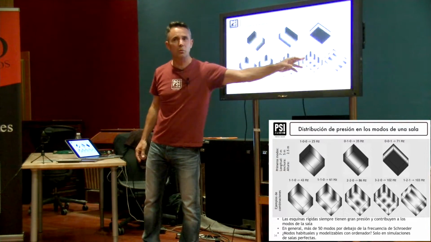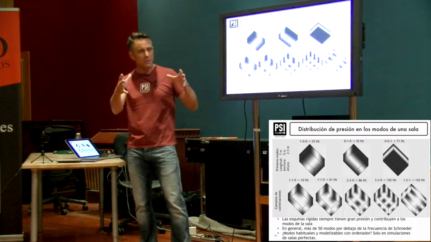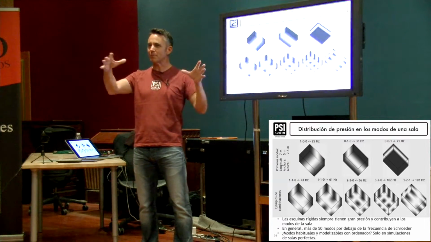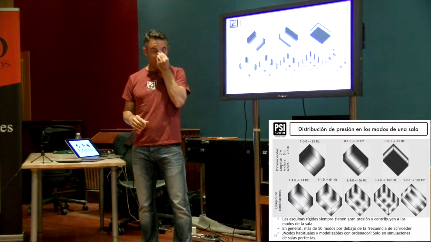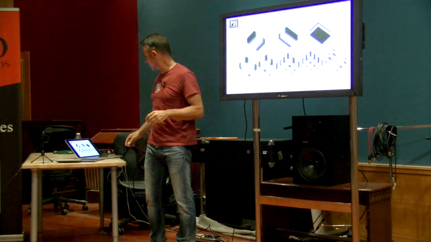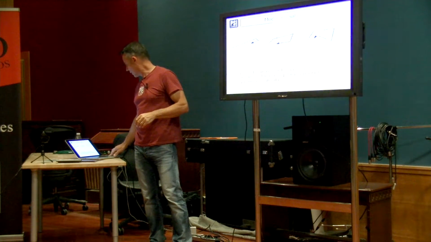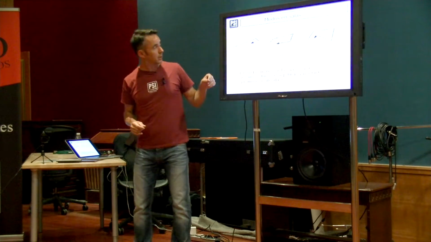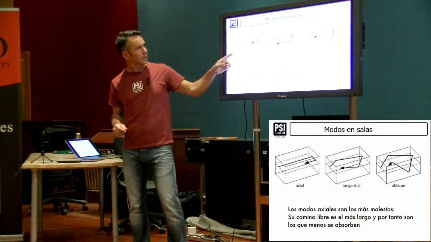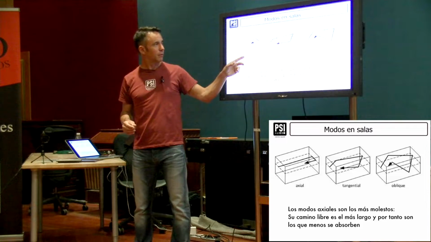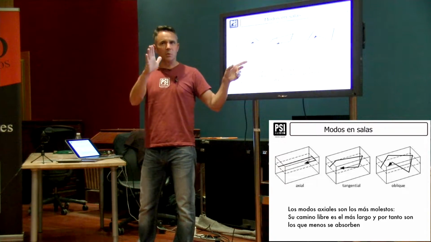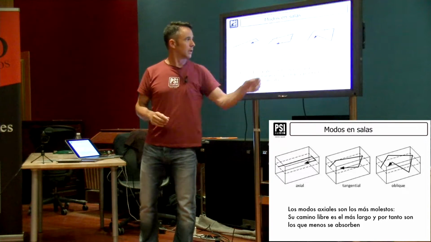And this is a perfect shoebox, and you can see there's a nice pattern of high pressures and low pressures, and it's all very easy to understand. Unfortunately, it's never like that, and most rooms are shaped very differently. Just one thing it's important to understand is that the first modes, the axial modes, are much more disturbing than the others.